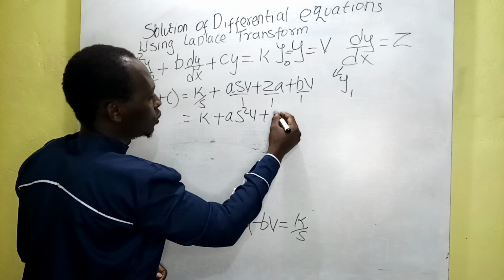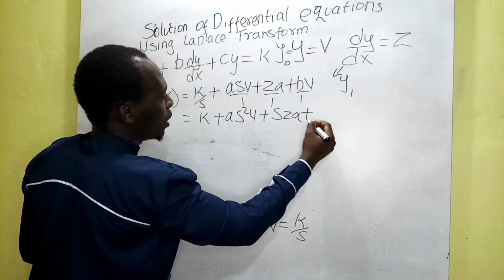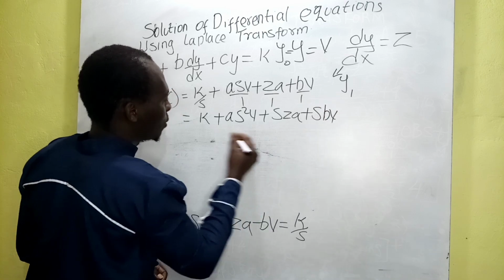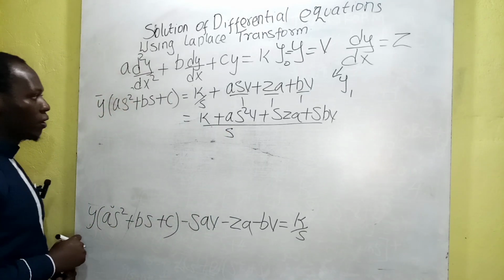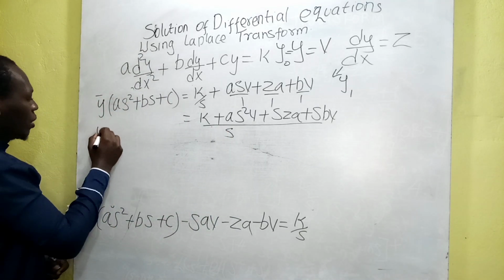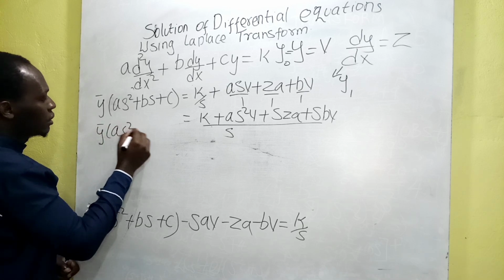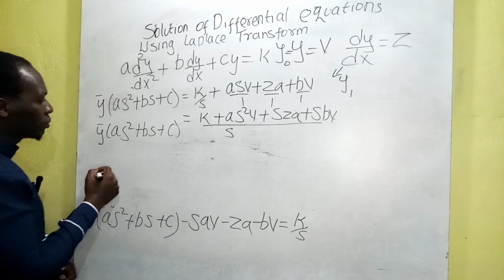We add to s z a. We add to s b v, and everything is going to be all over s. Here now we are going to have a y bar into a s square. We add to b as we add to c.